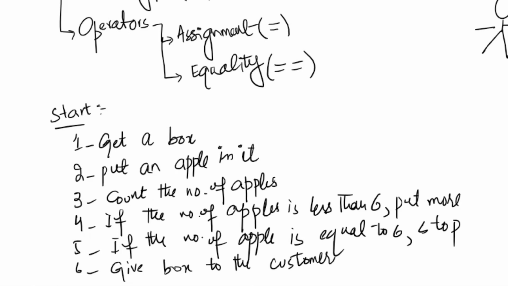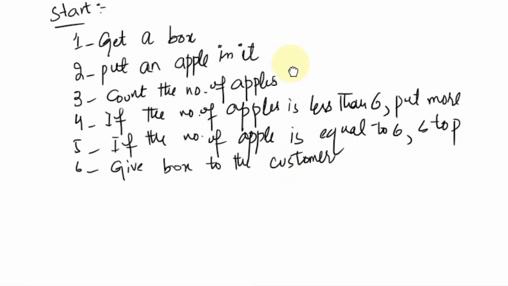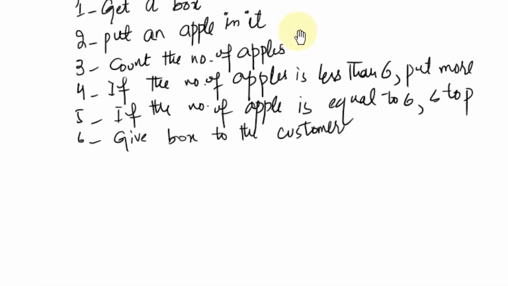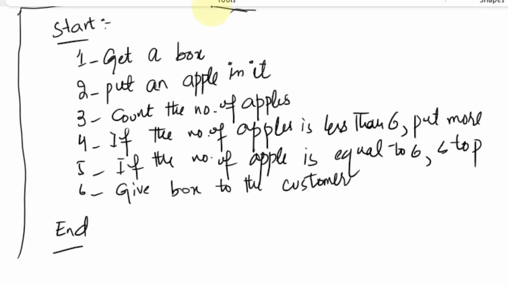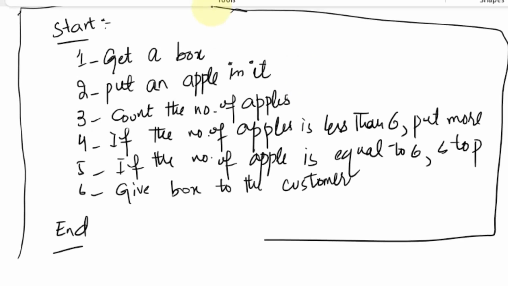And what is the last step here? When he gives it to the customer, the process will end. So that is the algorithm the shopkeeper follows in order to pack the 6 apples which a customer asked him to give.